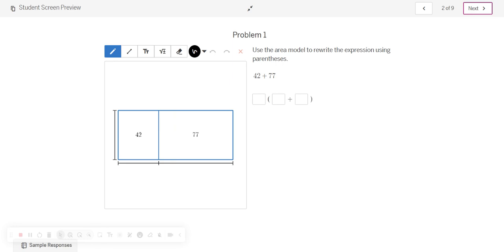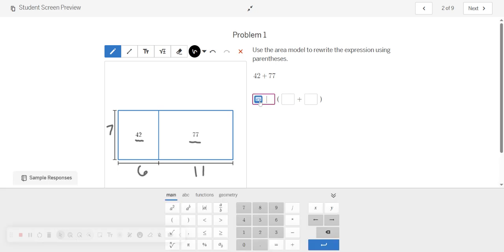So here, again, looking at my multiplication chart, I've got 42 and 77. They both show up in the column or row that are multiples of 7. So I'm going to take out my 7, and that's times 6 times 11. And so over here, I'm going to have 7, 6, 11, and I'm good to go.